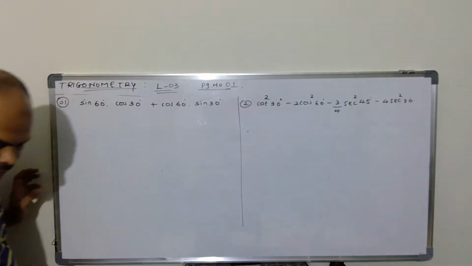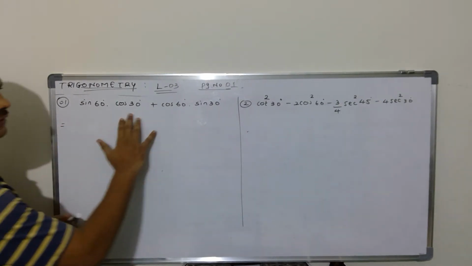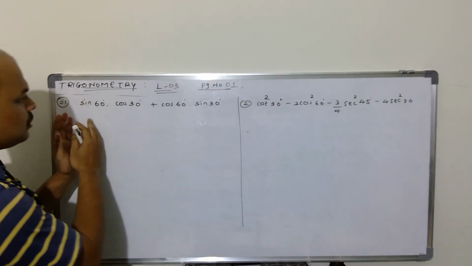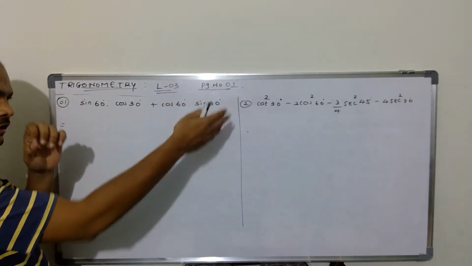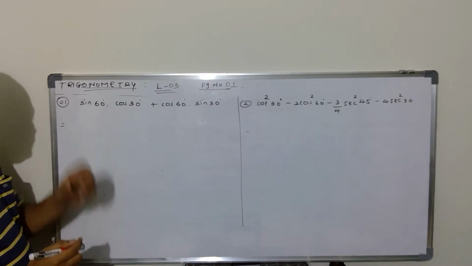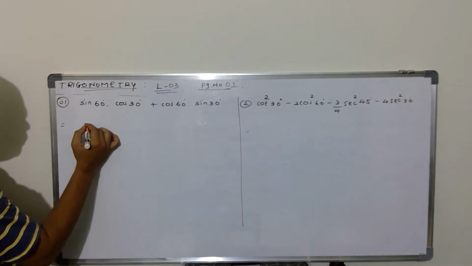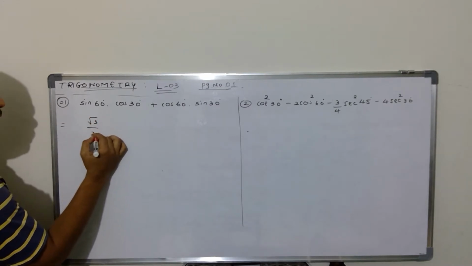So the question is to find the values of this and this one. We go for question number 1, then we will solve question number 2. Sine 60. In that slide, the value of sine 60 degree was root 3 upon 2.